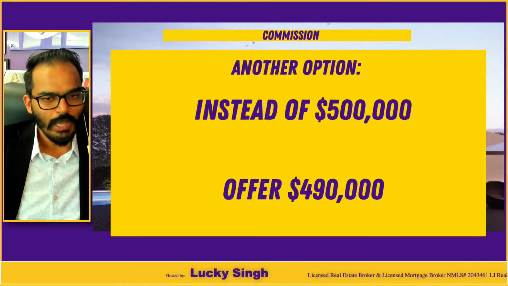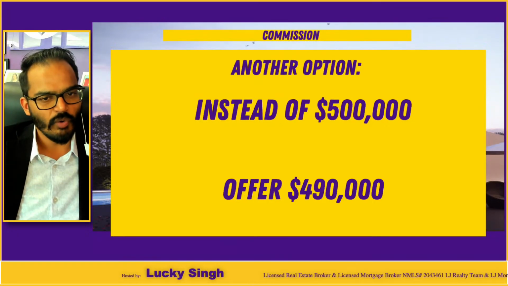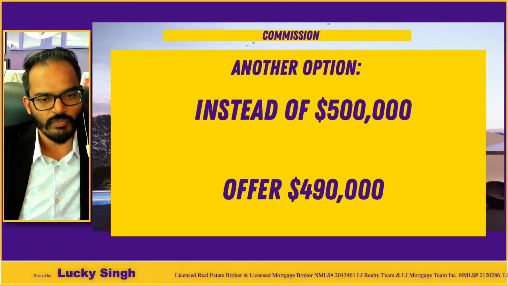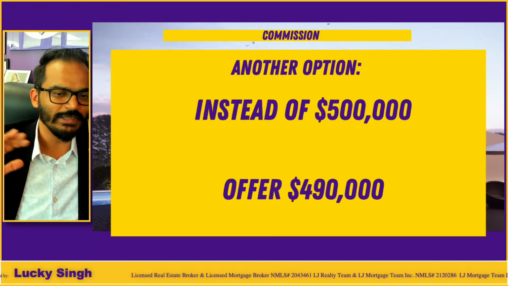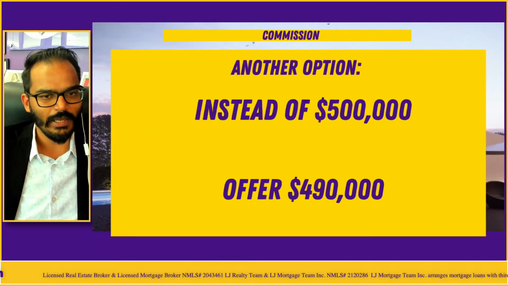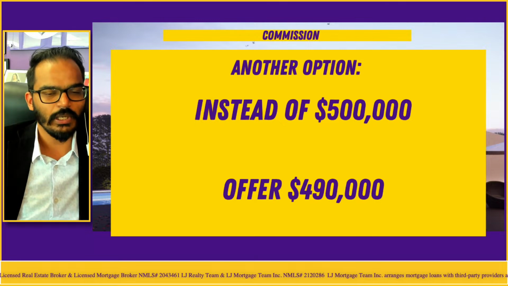So another simple option is that, hey, just offer a little bit less. Instead of offering $500,000, let's offer $490,000, because they're not willing to give any commission to the buyer's agent. Then they deserve to have a little bit less price.